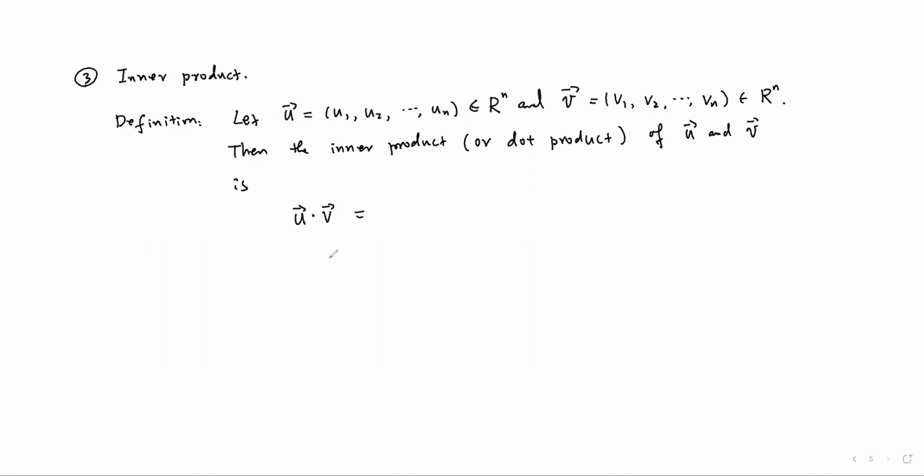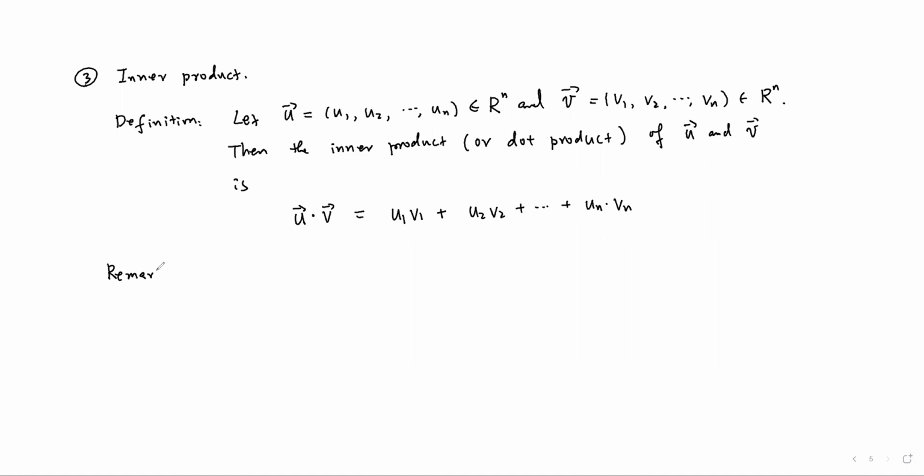It is a number. What number? It is u1 times v1 plus u2 times v2, and so on, last entry un times last entry vn. This number is called the inner product of vector u and vector v. So the inner product is a number.